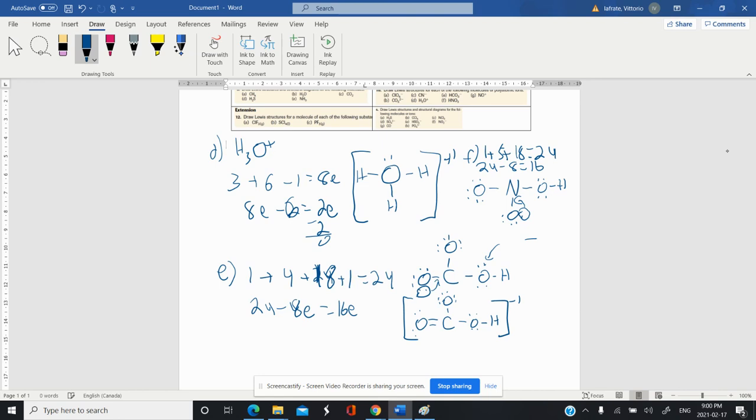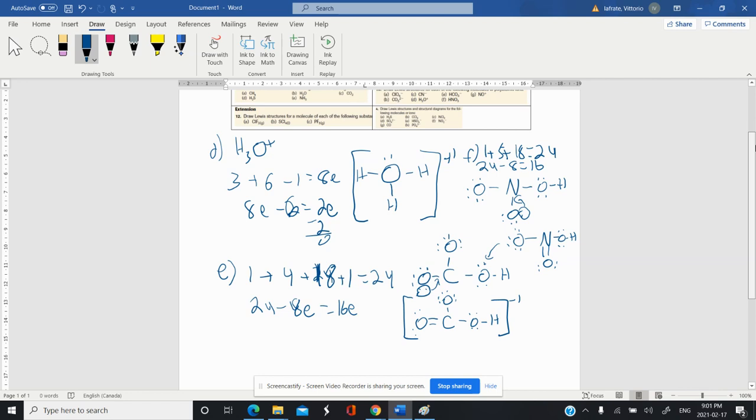And so we get O, with its lone pairs, N, double bond O here, and then we have OH like this. And so that would be our HNO3.